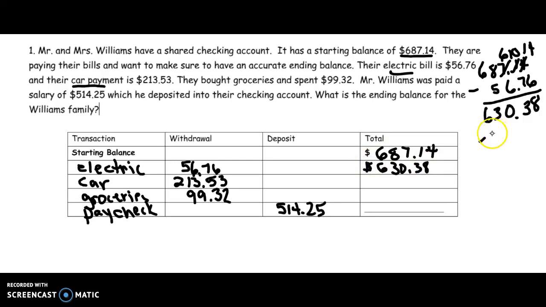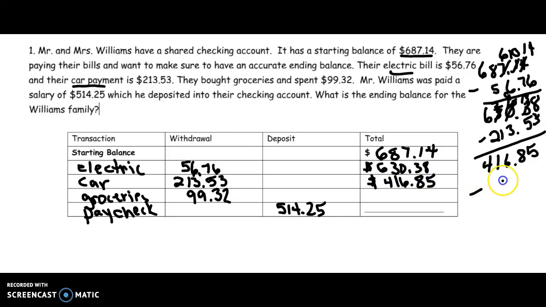So I'm just going to continue subtracting. Okay, so after they pay their car bill, they have $416.85. And then we still need to subtract their groceries.